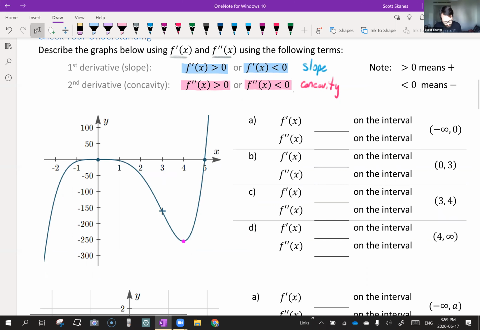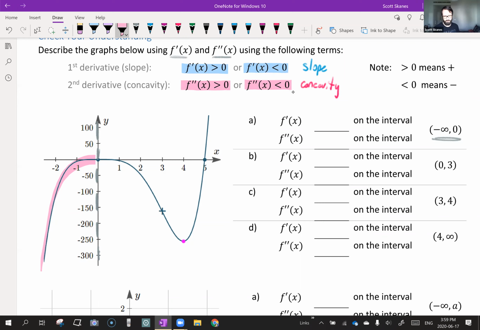So let's talk about this. Let's do the first one. It's talking about this interval. Interval means the area. So from negative infinity to 0. So it's talking about everything before 0. So look at the left side of the curve. Is the slope positive or negative in that region?